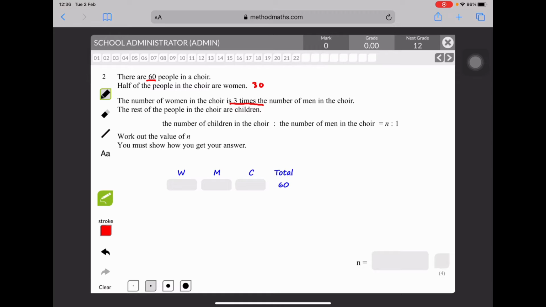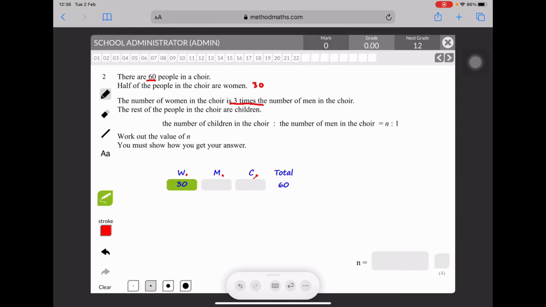Okay, and they've actually got this here as well. Women, men, and children. So there are 30 women, we know that already. Men, how many men are there?